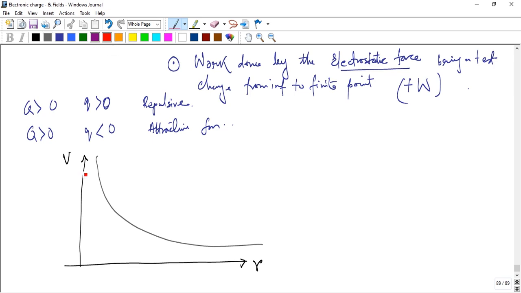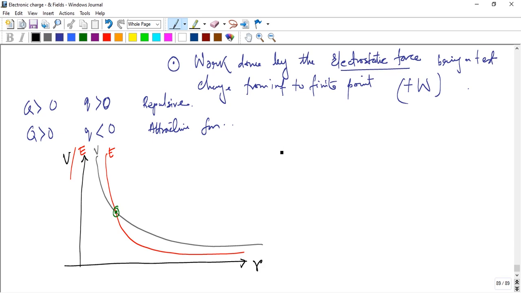The same way, we plot electric field versus R, and it looks like this. At some point the potential and electric field are the same. Red represents the electric field and gray represents the potential. If R is more, the electric field is less and the potential is more. But if R is less, the electric field values are more than the potential.